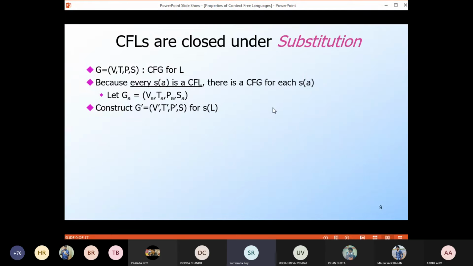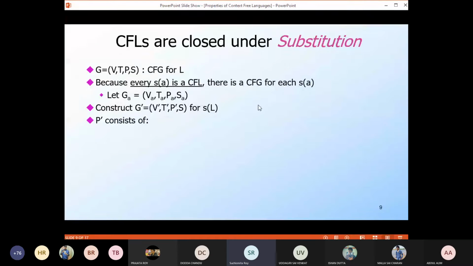The construction of this grammar is a proof that substitution is closed for context-free languages. If every substituting language is context-free, then the substituted language will also be context-free, and we'll show that by creating a grammar for it, which is G prime.